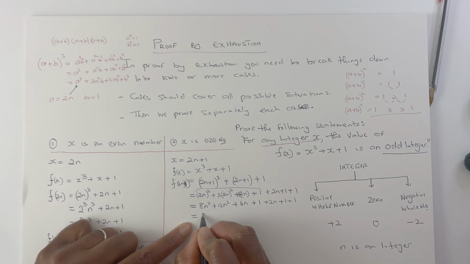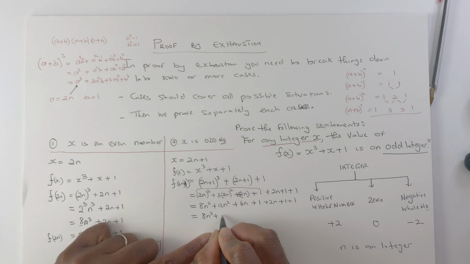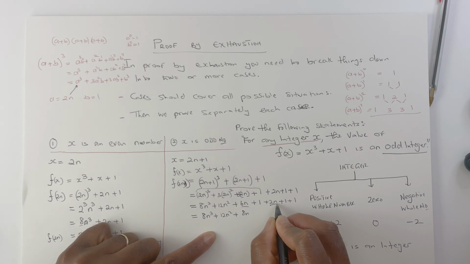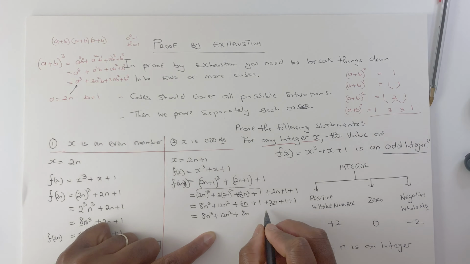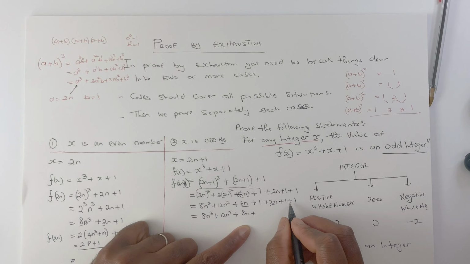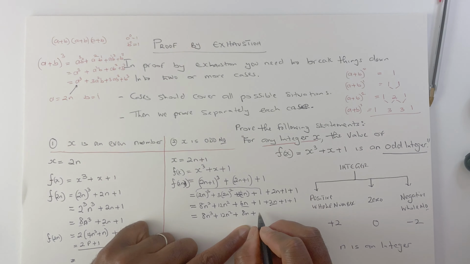So I will get 8n cubed plus 12n squared plus 8n, since 6n plus 2n is 8n, plus 1 plus 1 plus 1 is 3, but I'm going to write 2 plus 1.